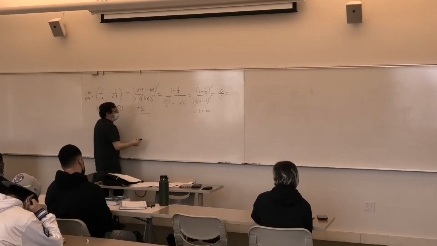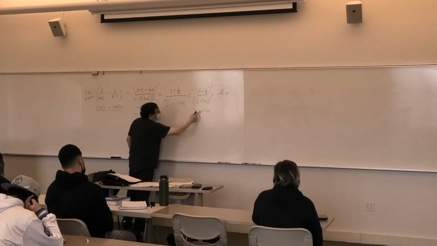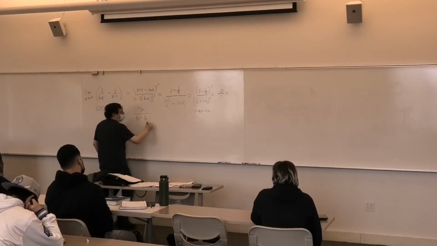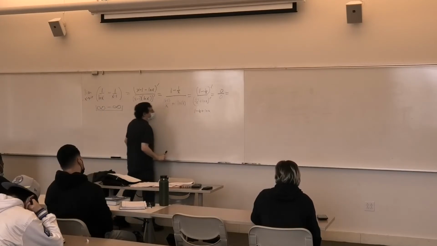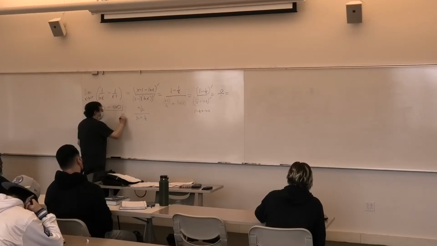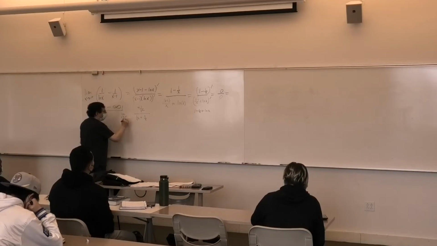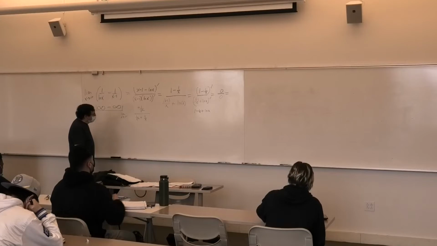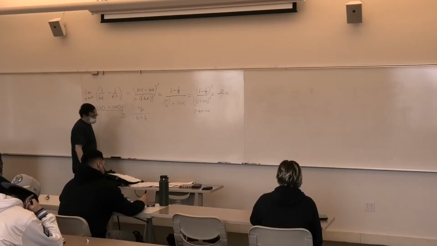Derivative of 1 is 0. Minus 1 over x, we just saw that, gives 1 over x squared, plus the derivative of the log of x, 1 over x. Finally now, can we?